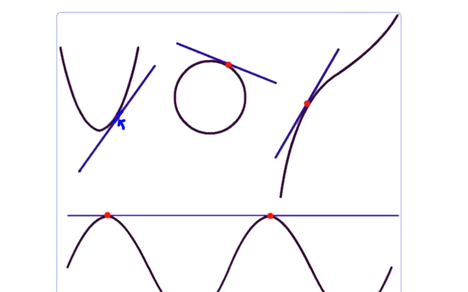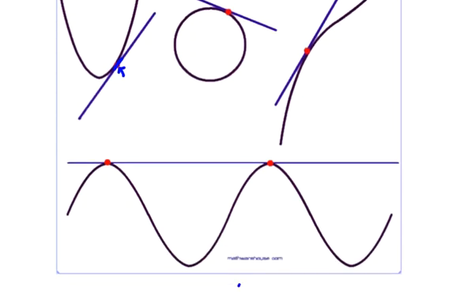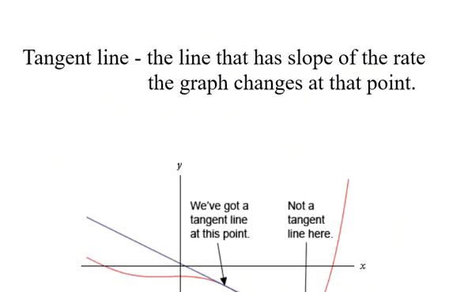Okay, and here, this bottom graph with this almost sine curve-esque shape, you can see how the line is intersecting it. So a tangent line is a line that has the slope of the rate the graph changes at that particular point.